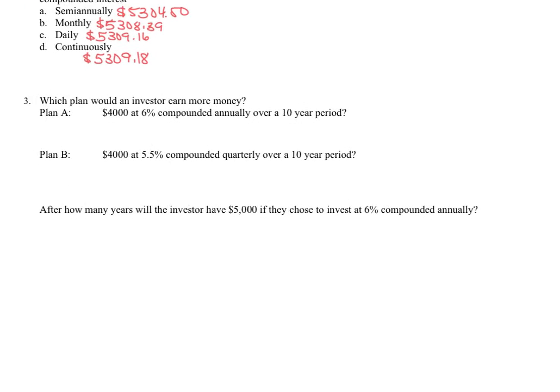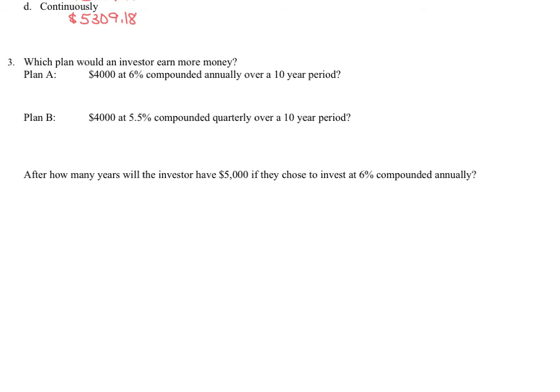So in the next example, we don't have the same rate. So plan A, we have $4,000 to invest at 6% compounded annually. So compounded annually, the n is just 1. That's sort of like my exponential growth function. So it would be 4,000 times 1 plus my rate over 1, to the 1t.